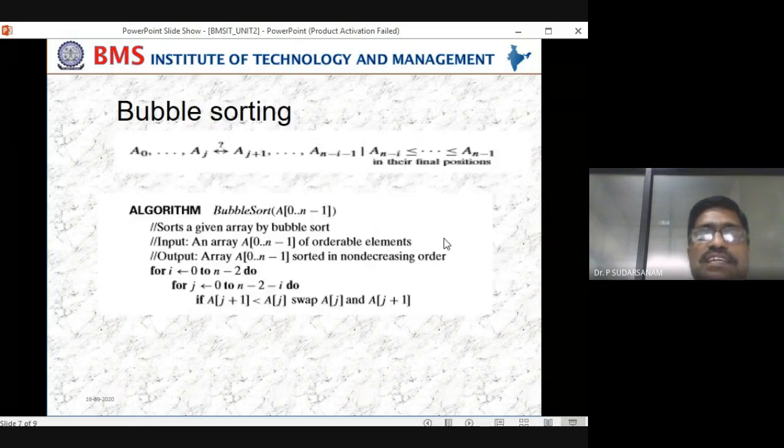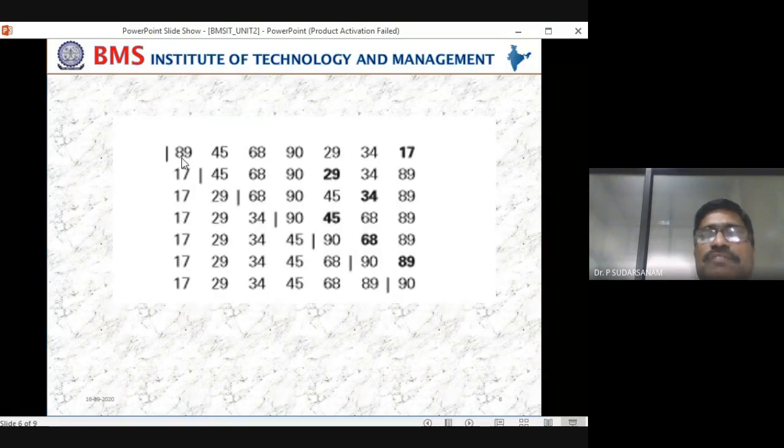Now the selection sort definition: what is the minimum element in this? 17 is the minimum, and 17 goes to the first location. So 17 and 89 are swapped. Now you are taking the second location: 45, 68, 90, 29, 34, 39, 89. So 29 will be swapped with 45.